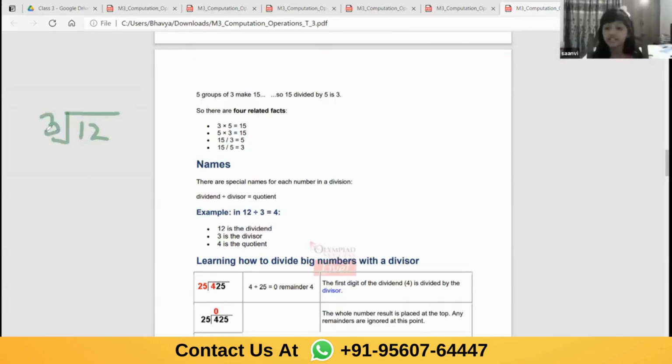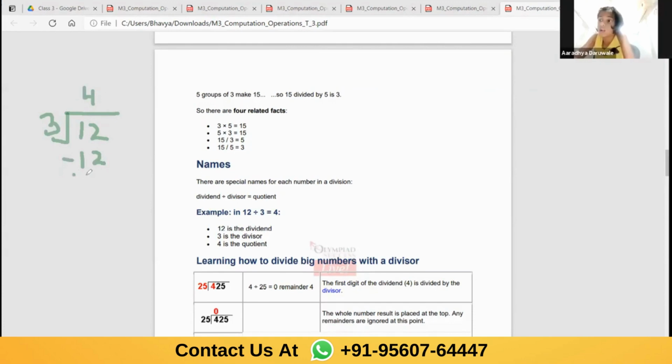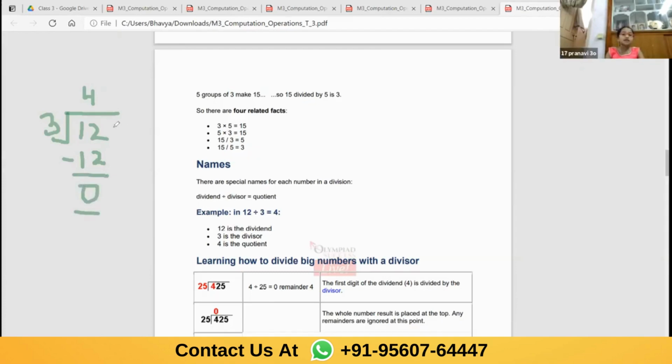Divisor. Now 3 fours are 12. This is how I do division. What is 4 called? Quotient. And this answer, zero, is the remainder.